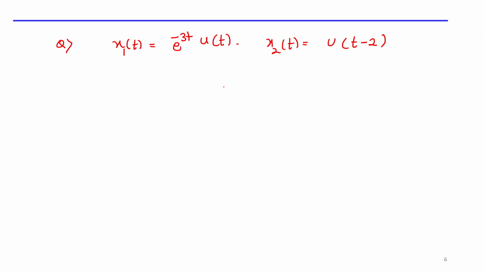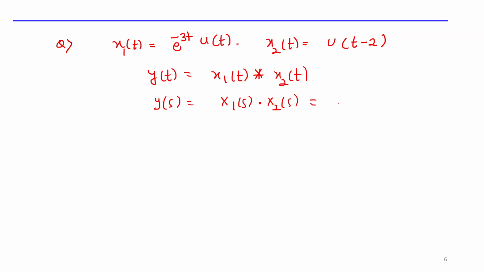Now they are asking us to find some signal y of t, which is the convolution of x1 of t and x2 of t. So there are two options for you. If you are expert in Laplace transformation, you find the Laplace transformation of these signals. Then Y of s is equal to X1 of s multiplied by X2 of s.